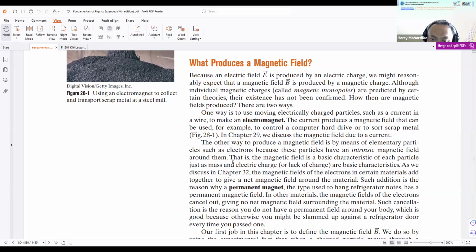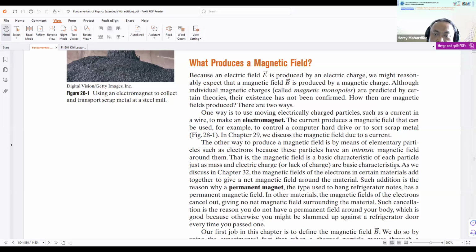The one that we learn today is more on the first description of how magnetic fields are produced, because if we deal more with the second mechanism, we need knowledge of modern physics topics, but we haven't got to that point yet.